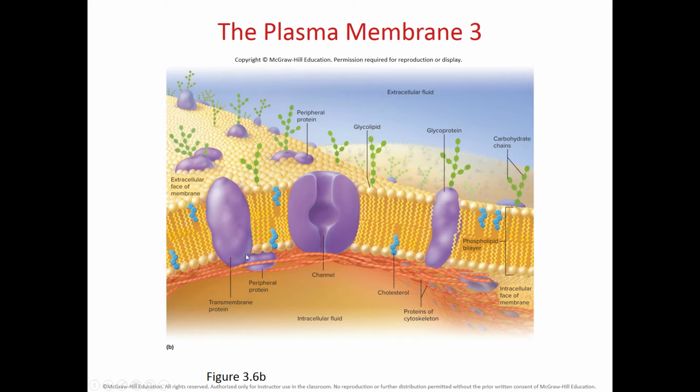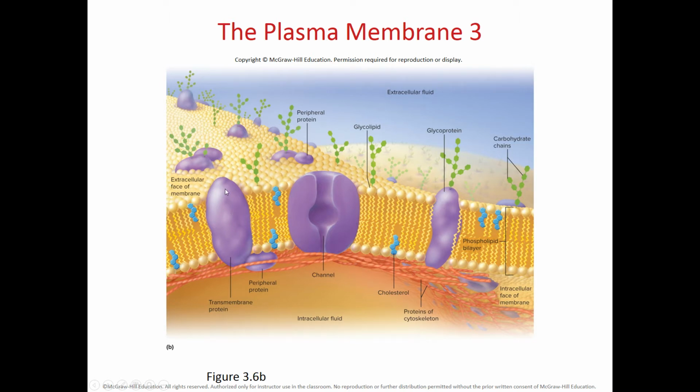These transmembrane proteins can send signals from the environment, and these signals can be transduced through these peripheral proteins into the internal components of the cells, so that the cells can change their behavior according to whatever signal the transmembrane protein is receiving.